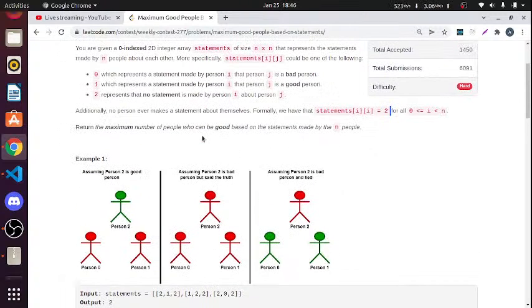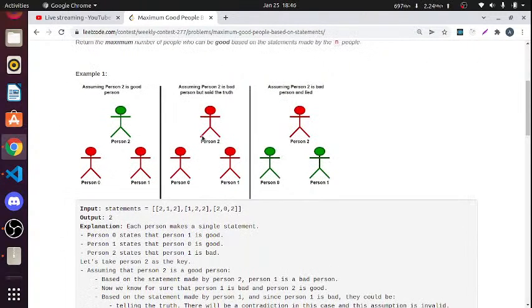so person 2 said the truth. It is a very complex thing. The person 2 is a bad person, and he lied.